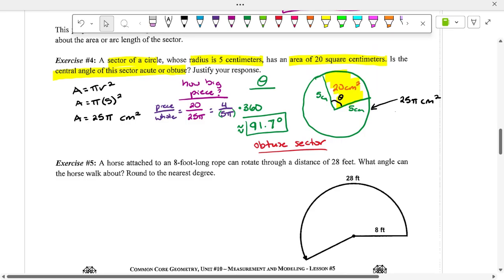Using that same logic that we just used, try number 5. Make sure you're finding the right thing.